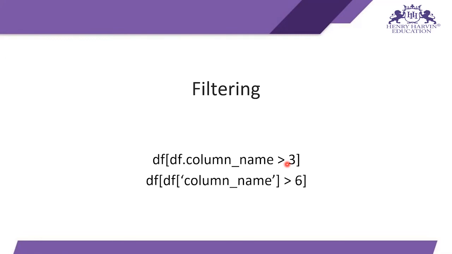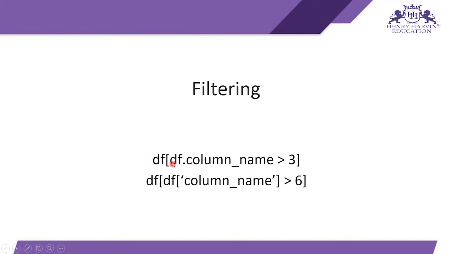You get all the columns and all those rows where the age is greater than your specific number. You can also write the column name in square brackets like this. Both types will return the same thing.